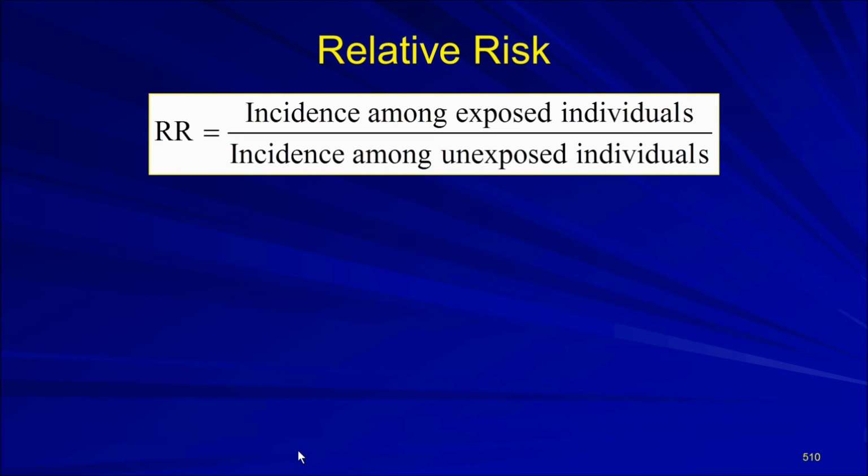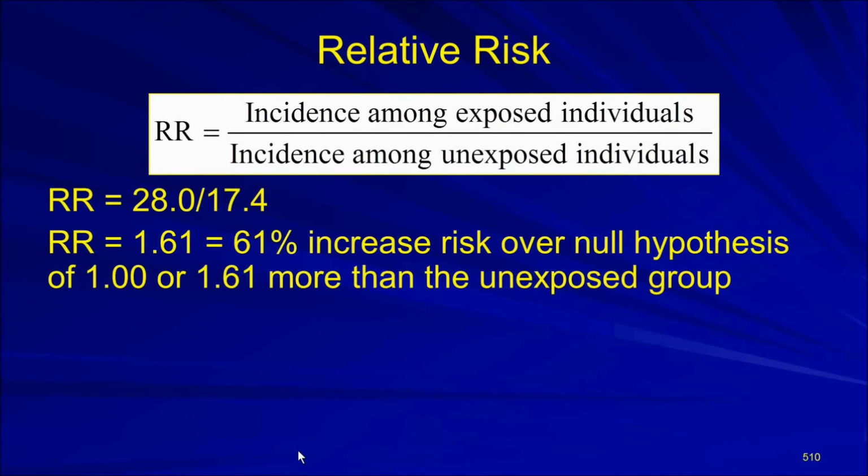Again, we have relative risk, and here's the formula for it. And in our problem, for the group, we would have a relative risk of 1 divided by the other, which would give us 1.60. Now let me interpret this for you. A 1 is a null hypothesis, which means there's no difference in risk.